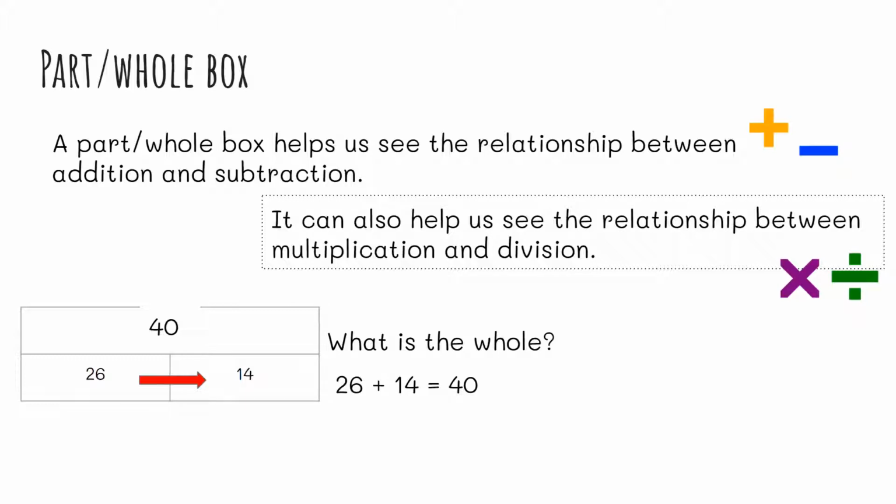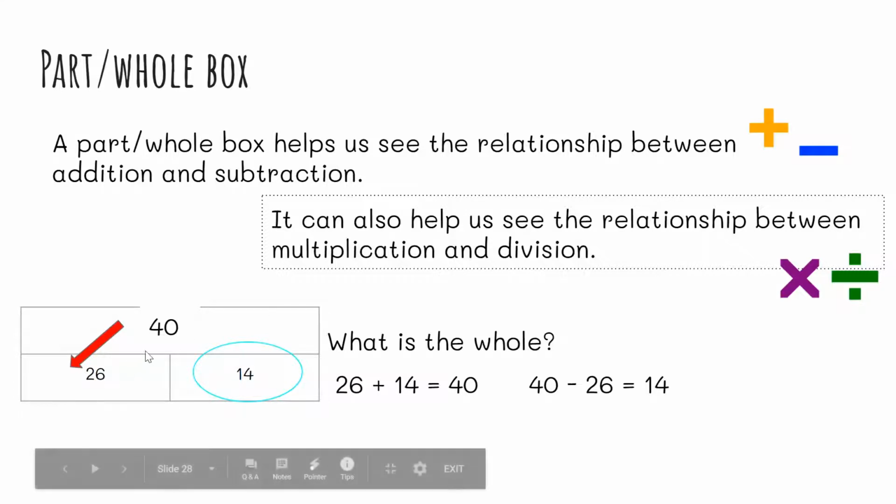Now we can also look at the part and whole box in a different way. We can look at it as 40 minus 26, which will give us 14. So we can take 40 minus 26, which will equal 14.